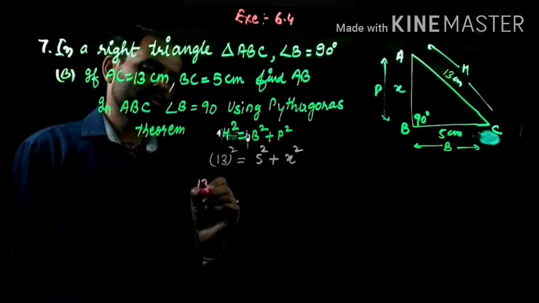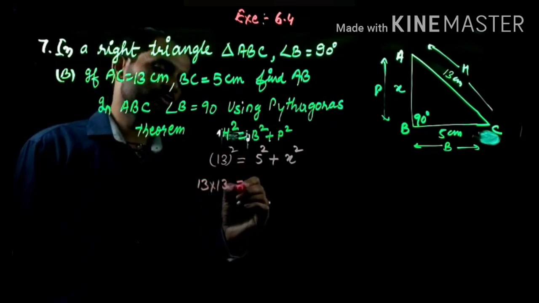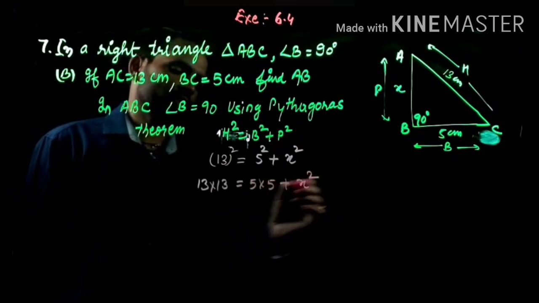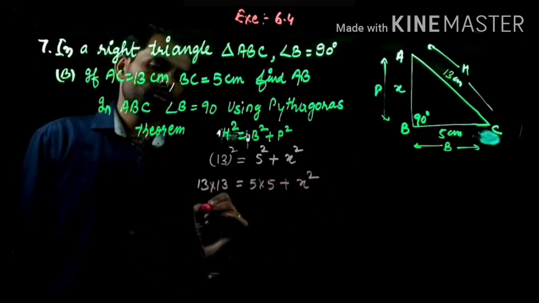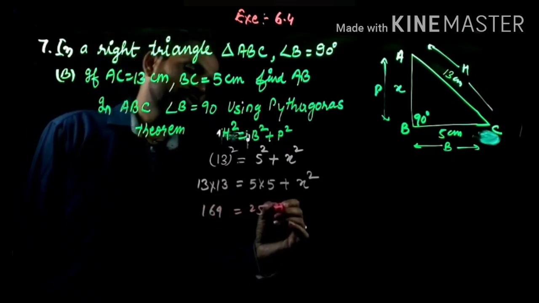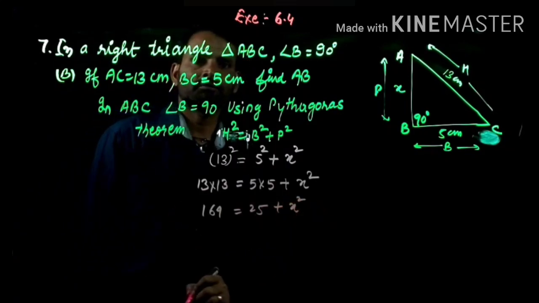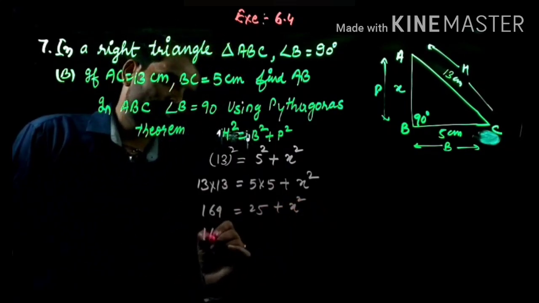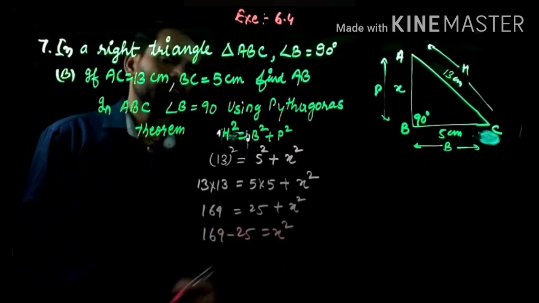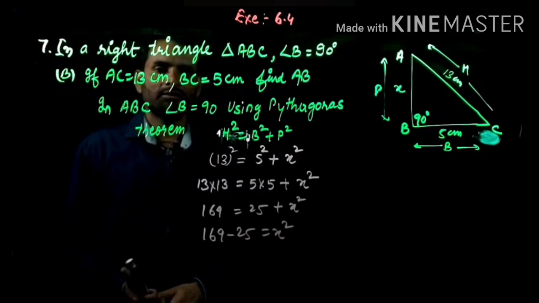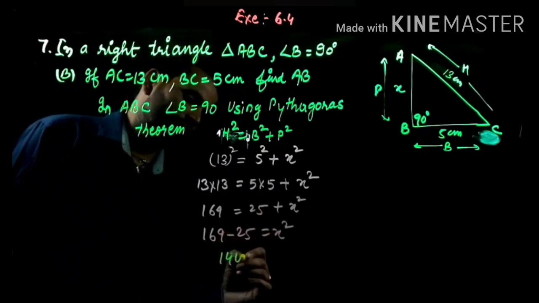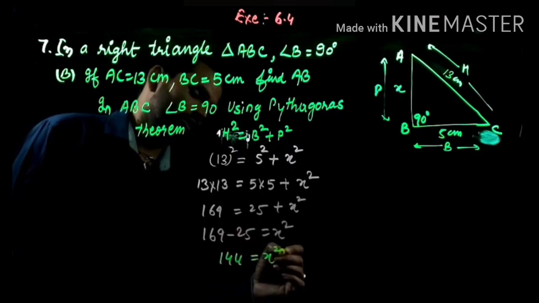This 13 square means 13 multiplied by 13, 5 multiplied by 5 plus x square. 13 into 13 is 169 is equal to 25 plus x square, and 169 minus 25 is equal to x square. Okay, and 169 minus 25 is 144 is equal to x square.